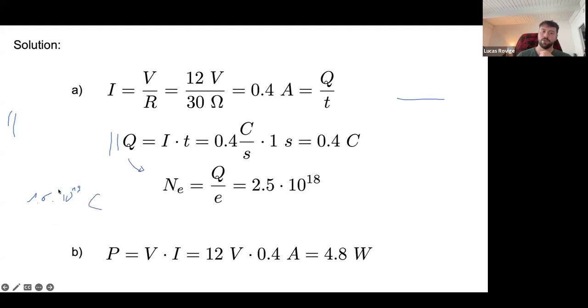I mean, it's negative for electrons, but since we're considering a current, everything is positive, and so we're using the positive value of e. And so we obtain a total number of electrons that's 2.5 times 10 to the power 18 individual electrons.